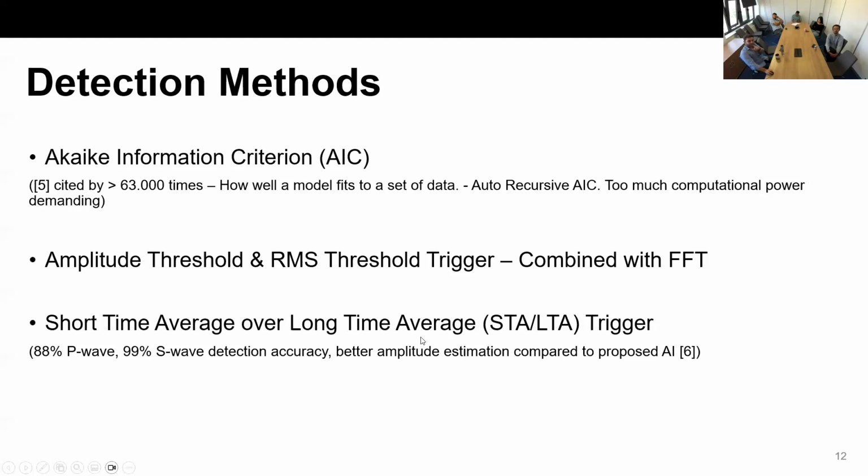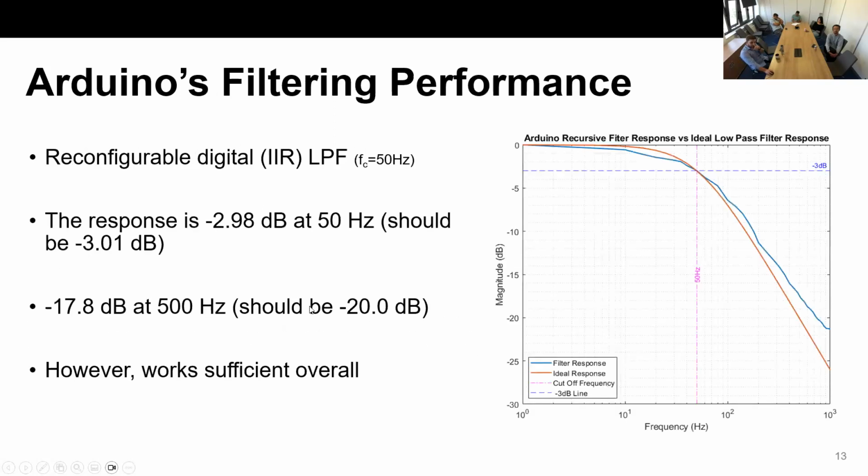I'll give some more detail about it later, but we need to talk about the device that we are doing the digital filtering on first. We're using an Arduino Nano 33 BLE, and we are running some code on it. It has a lot of IIR filters, and to test it, we ran the code for just one IIR filter with a 50 Hz cutoff frequency.